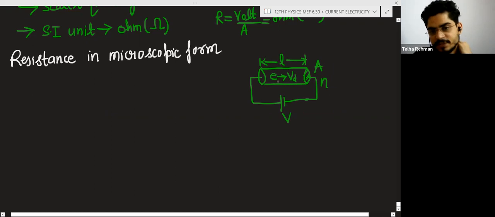V is the potential difference across the ends of the conductor, and I is the current flowing.